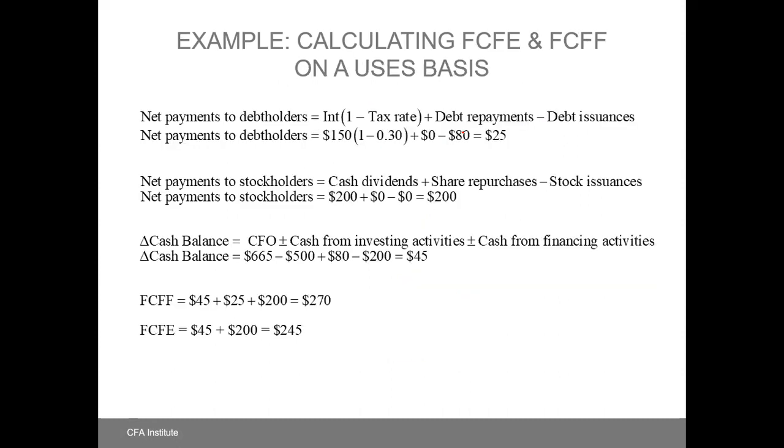This is from the perspective of free cash flow to the firm, from the perspective of net payment to the capital providers. So we are skipping this. But I believe that if you look at the definition of each of these, you'll find it very interesting.